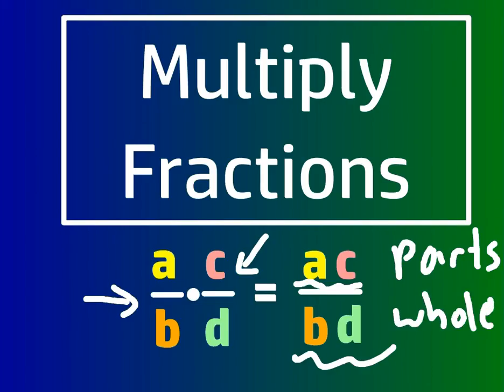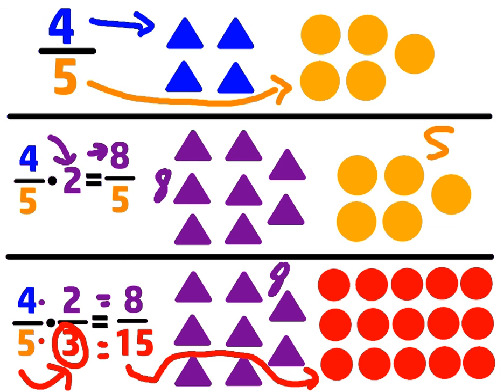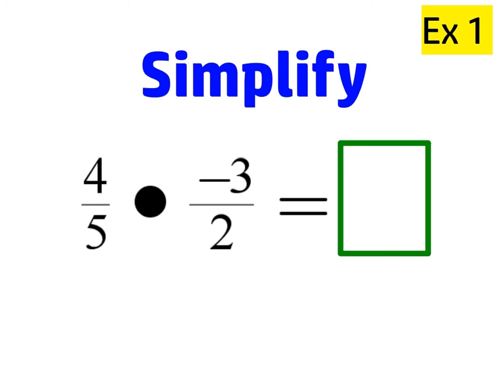For the most part, but like we said before, your units could be different. In other cases, you have units on top and units on bottom like we had in this example, your triangles and your circles. Okay, let's go ahead and look at some official examples.